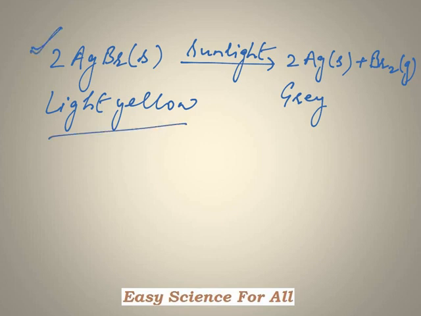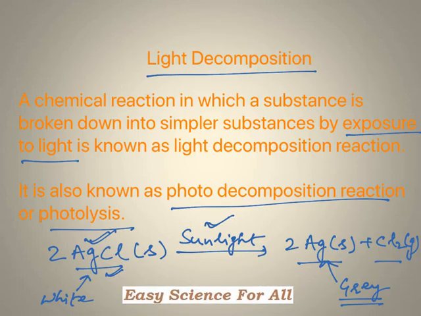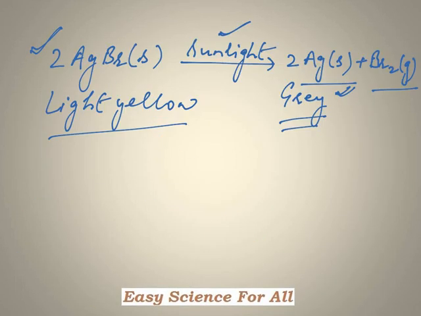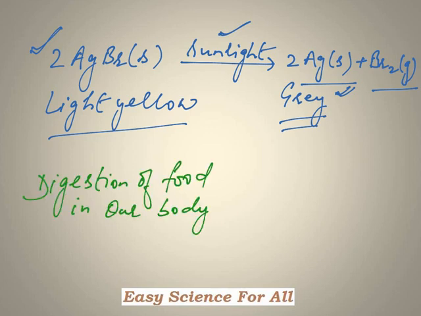Likewise, when we take silver bromide, which is light yellow in color, if it is exposed to sunlight, then it decomposes or breaks down into silver and bromine. Again, we are getting silver over here, which is gray in color. So whether it is this reaction or this reaction, in both the cases we are getting silver as a product. And these two reactions that we discussed both are used in photography.